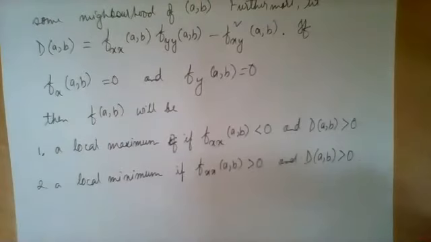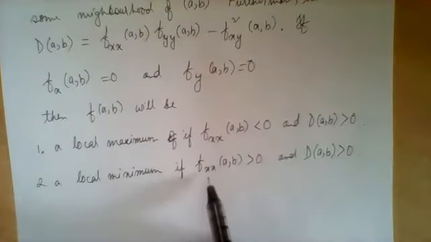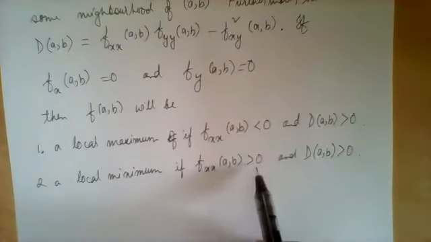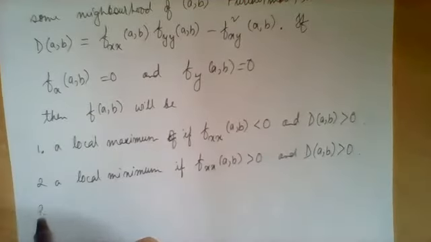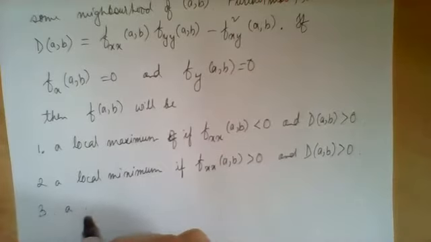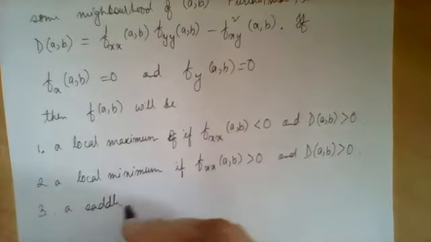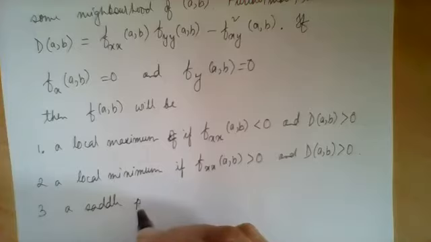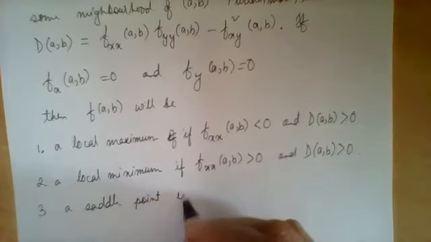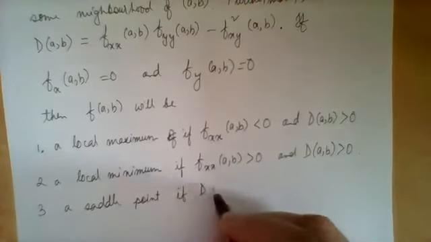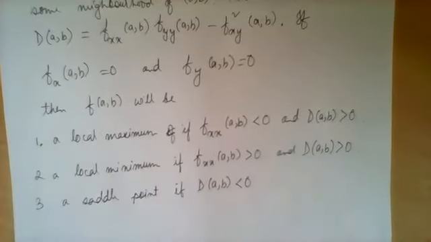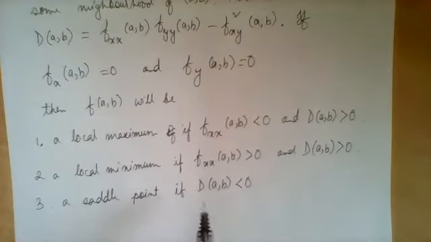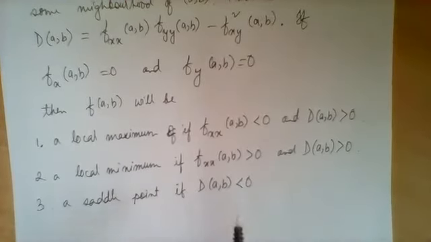This is a local minimum. Number 3, a saddle point if D(a, b) is less than 0. Then (a, b) is a saddle point.